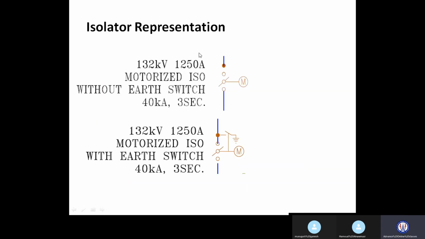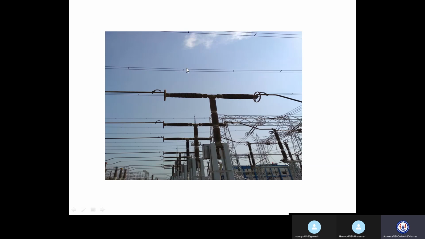So the isolator current rating is equivalent to the feeder breaker rating. Whatever current rating of breaker you use in the feeder, you use the same rating of isolator. Basically, the isolator current selection method is the same as the breaker current rating selection method.